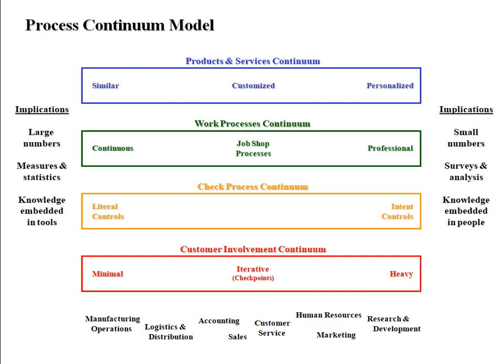And in between, we've got other functions in the business, logistics and distribution. It's probably more automated than not these days, but not nearly as much as manufacturing. You've got customer service somewhere in the middle. You call up a help desk, and they're giving you relatively customized or tailored activity, but they're working from standard scripts like in a job shop kind of environment. So you can take the processes in an organization and place them along the continuum.